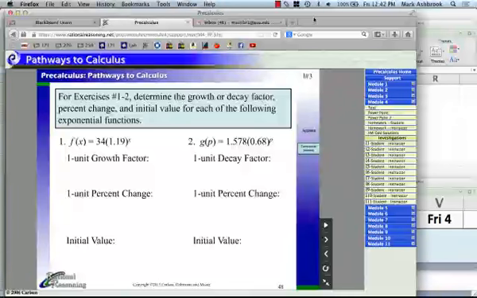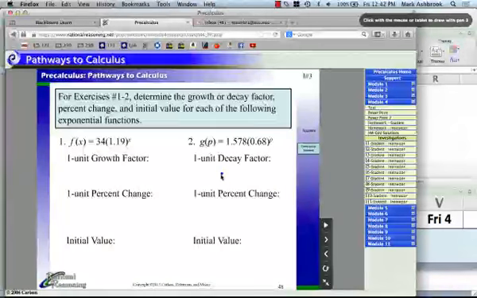That would be different than the growth factor for every 1 year. And so we're saying it's for 1 year, X, because we know the units on X. It's the multiplicative change amount from X to X plus 1.